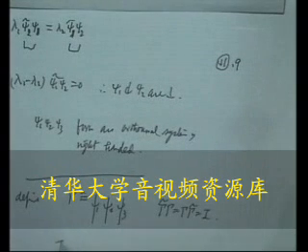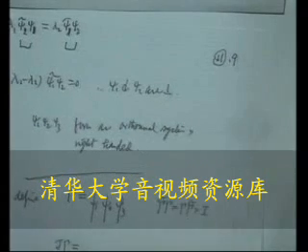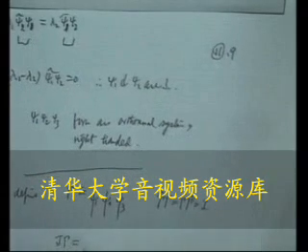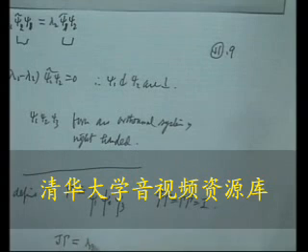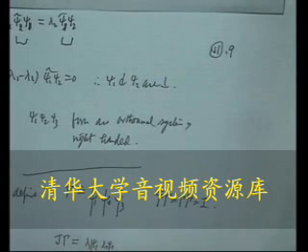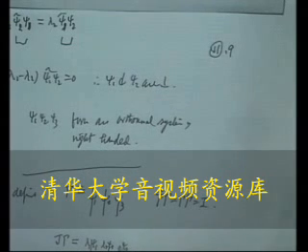By definition, J gamma is equal to lambda 1 psi 1 as the first column, lambda 2 psi 2, lambda 3 psi 3.